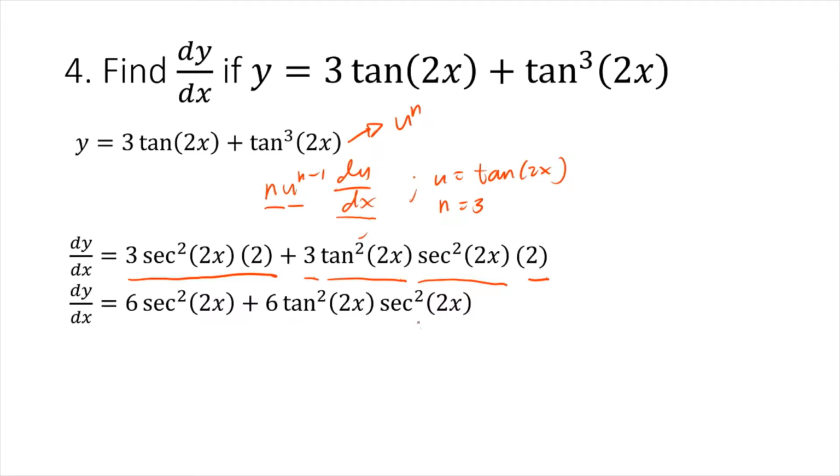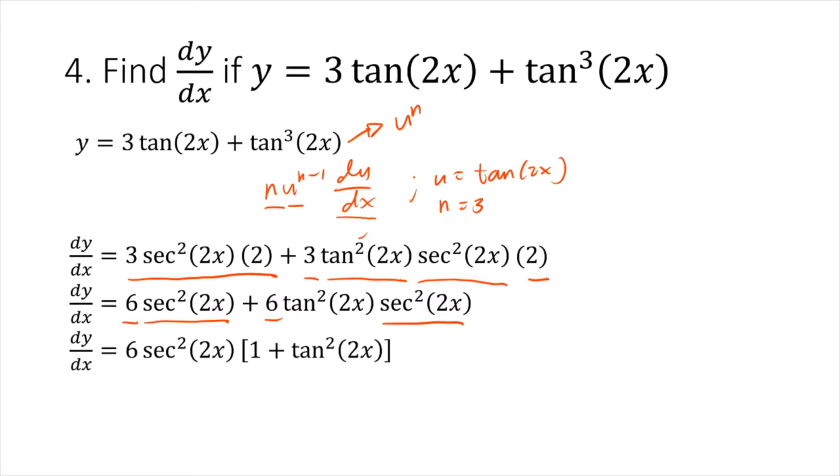Okay, we have here GCF, common factors 6. We have also 6 on the second term, and then secant squared 2x, secant squared 2x. So factor out 6, secant squared of 2x, and we will get 6 secant squared of 2x times the quantity 1 plus tangent squared of 2x.